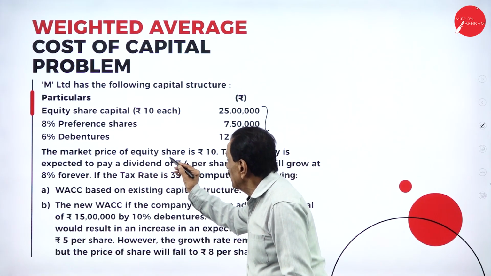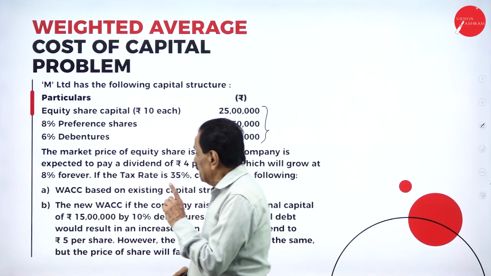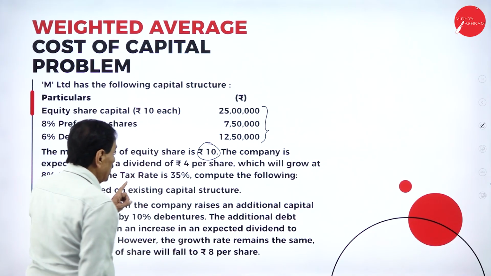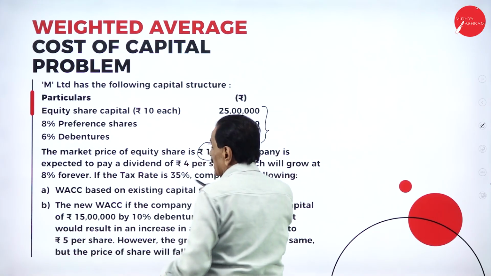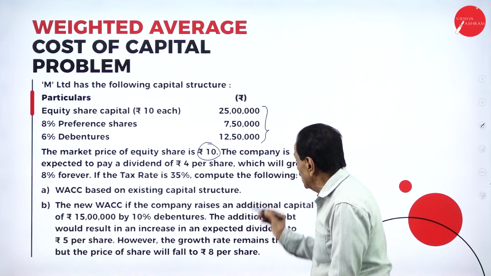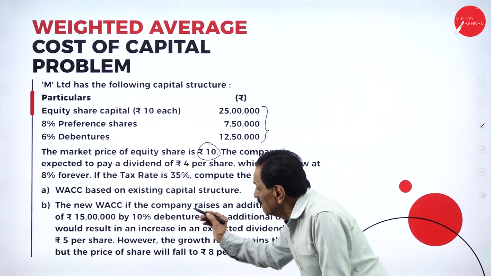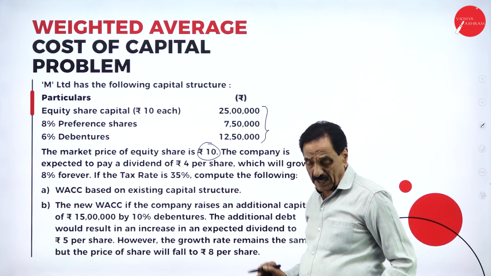The market price of equity share is rupees 10. The company is expected to pay a dividend of rupees 4 per share, which will grow at 8% forever. If the tax rate is 35%, compute the following weighted average based on existing capital structure.